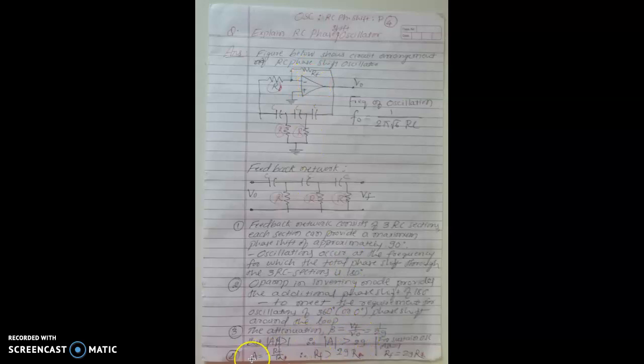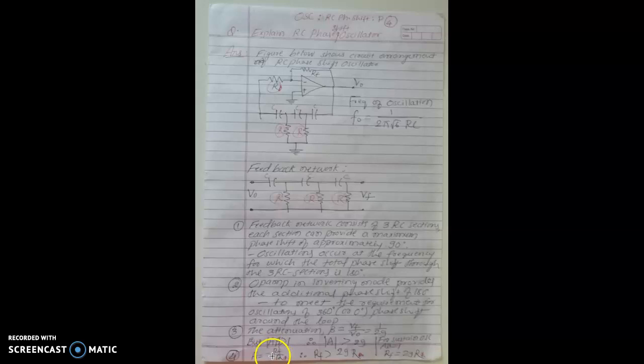And how are we going to design the gain? In the case of the inverting amplifier, the gain is equal to minus Rf divided by R. The minus indicates that a 180 degree phase shift happens, a phase reversal.